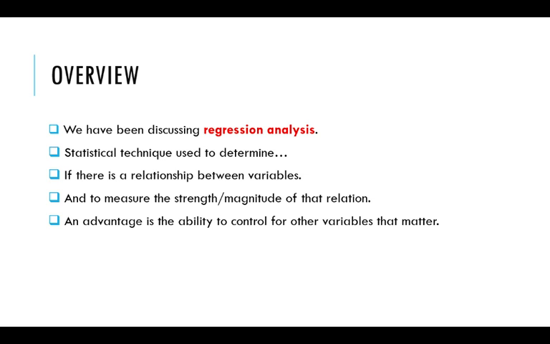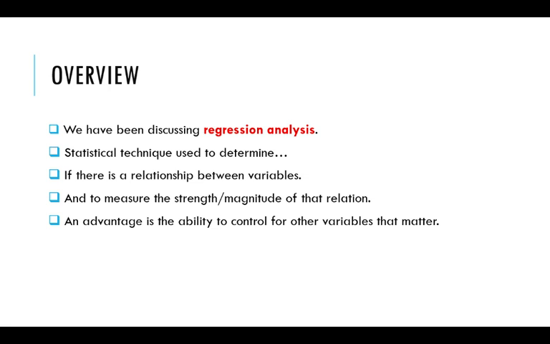But the advantage of regression is the ability to control for other variables that matter. So think about what we talked about with comparing sample means. We did smokers versus non-smokers with respect to age at death. And we said, look, there could be these other confounding factors. And we don't know if it's really because of smoking or because of other things.